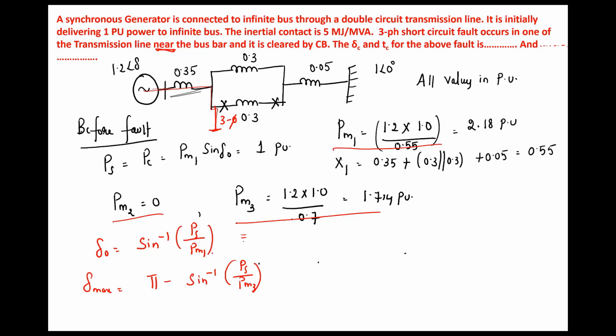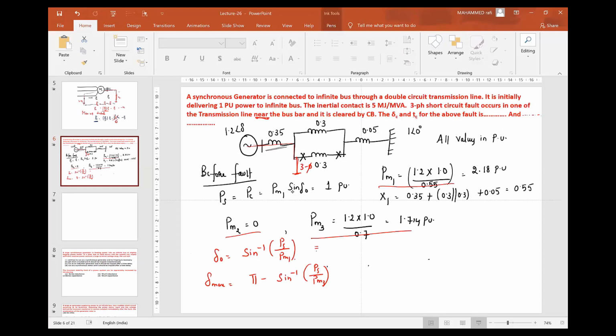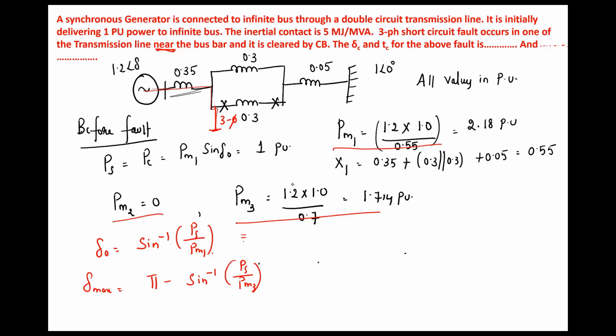So if you get all these values, the first value is how much? Sine inverse, PS is 1, PM1 is 2.18.